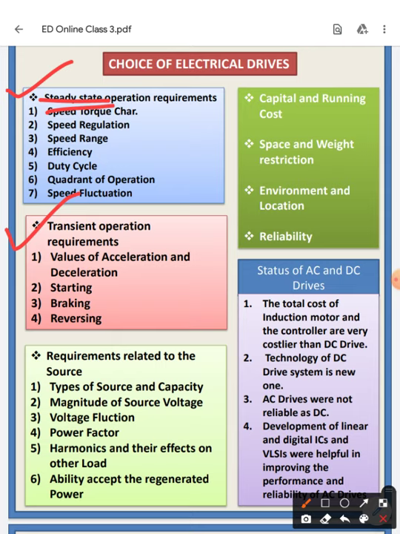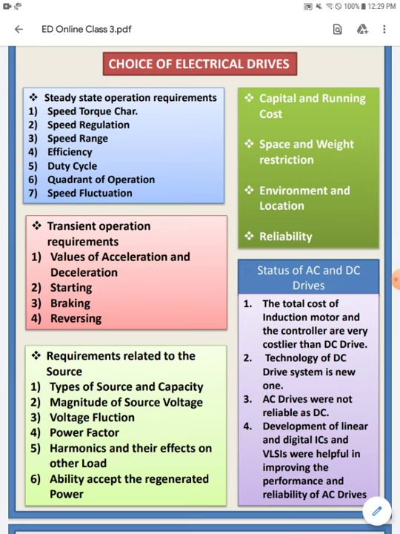Again, there are requirements related to the source, whether AC or DC is available. Depending upon the source, you need to choose the motor. It may be an AC motor or a DC motor, as we have already discussed in the last slide.